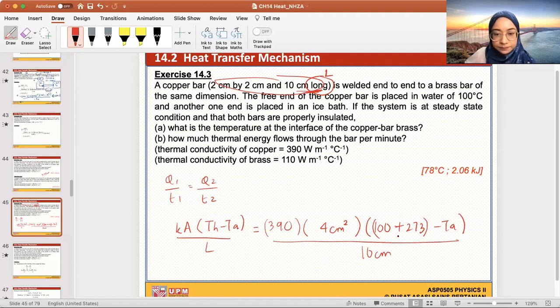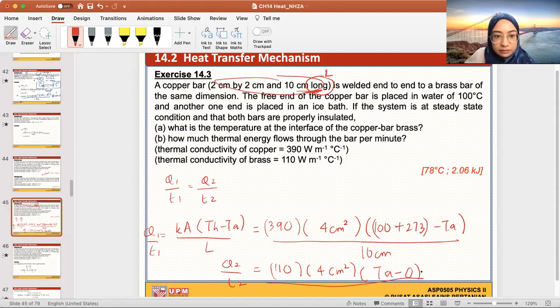And then the other one on the other hand is 110, 4 cm square as well. And the TA we can leave as an unknown. And the TC will be 0, so this is TA minus 0.